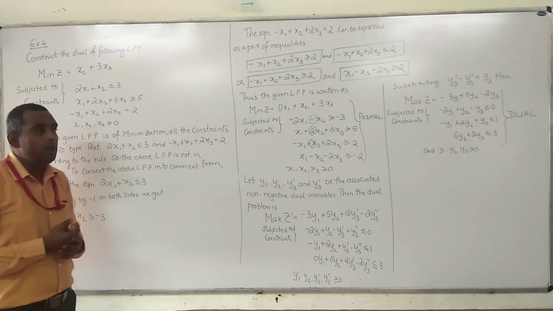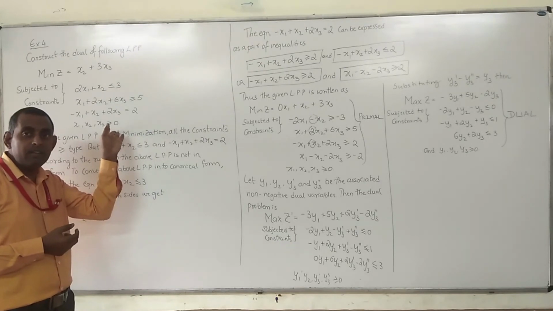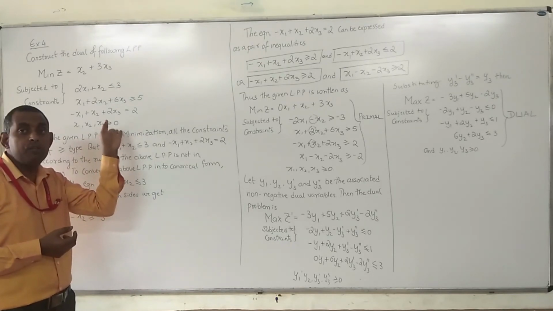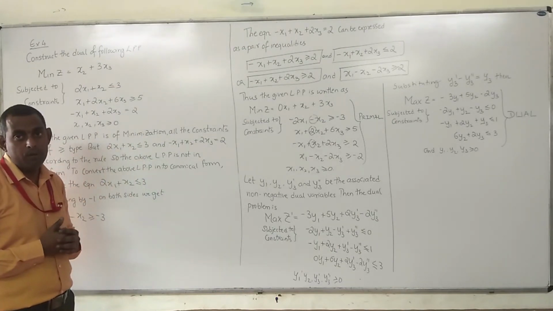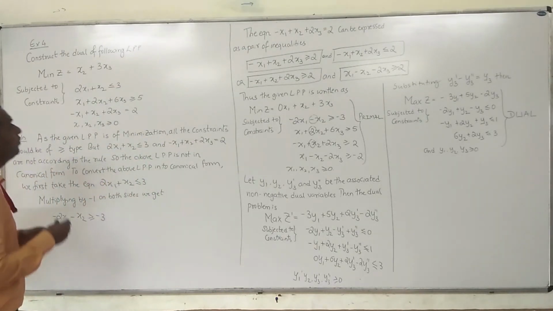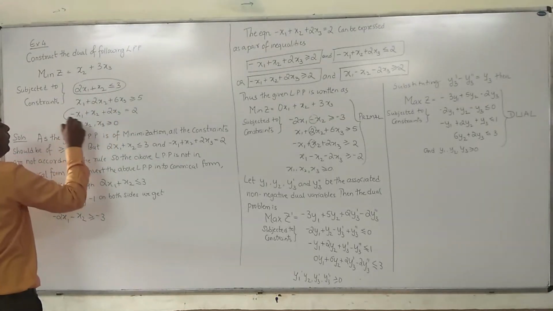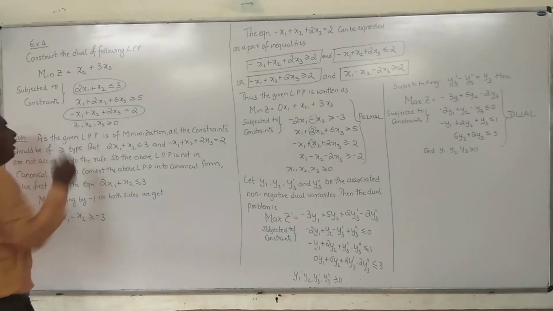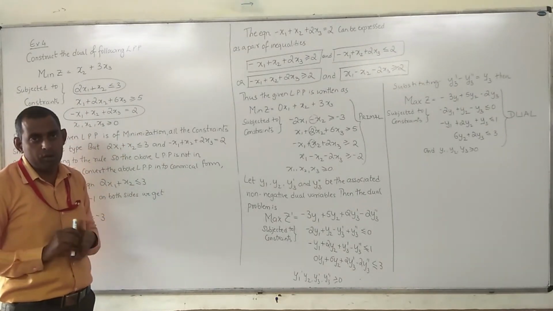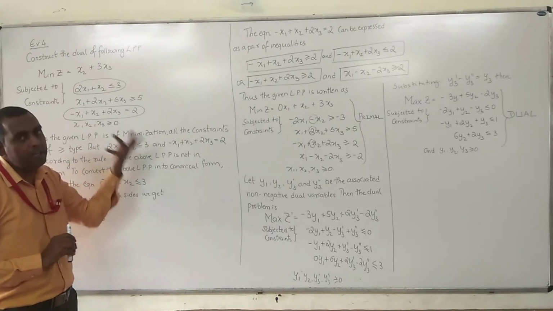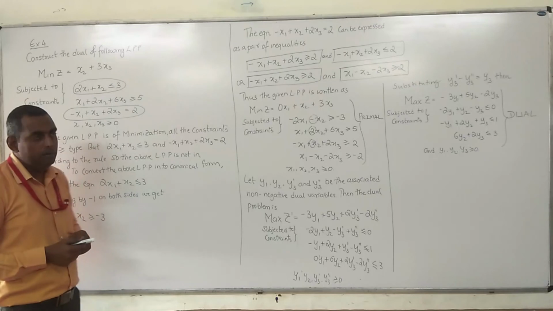Fine. Now we have to convert this LPP, which is not in canonical form, into canonical form with respect to these two equations. Because of these two equations, the given LPP is not in canonical form. So how to make this LPP into canonical form? Fine.